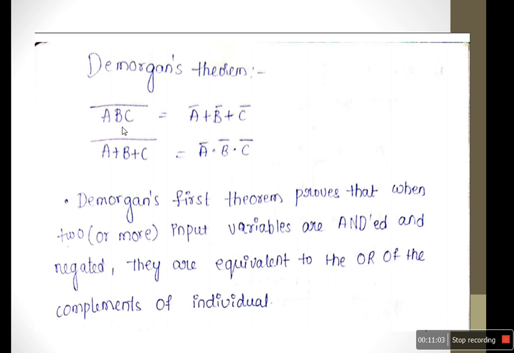So here we have three variables, ANDed and negated, and this is equivalent to the OR of the complements of the individual variables. So (ABC) whole bar equals A bar + B bar + C bar.